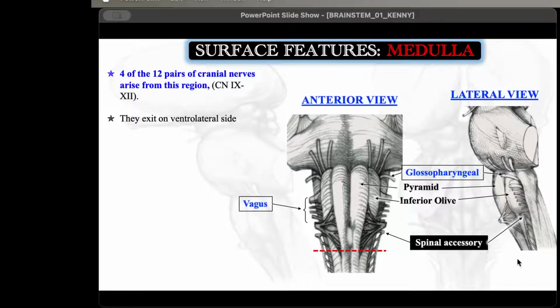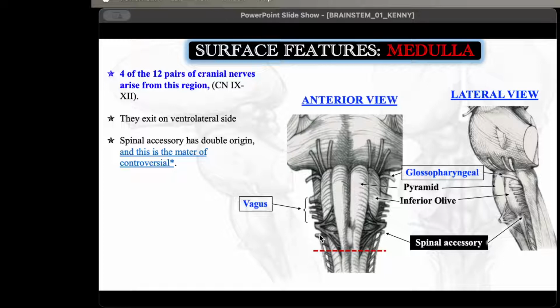And then we have the spinal accessory nerve, cranial nerve number 11 here. It originates here. So we know that cranial nerve number 11 has a double origin. It has a cranial part, which originates from the medulla, and it also has the spinal contribution from the spinal cord.